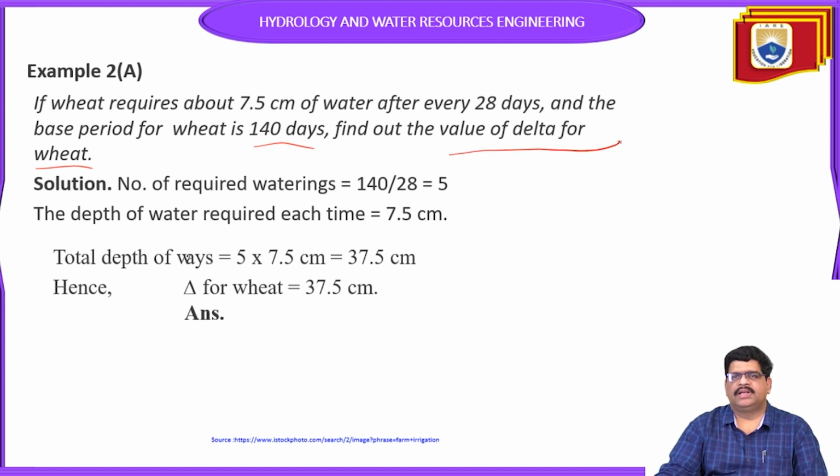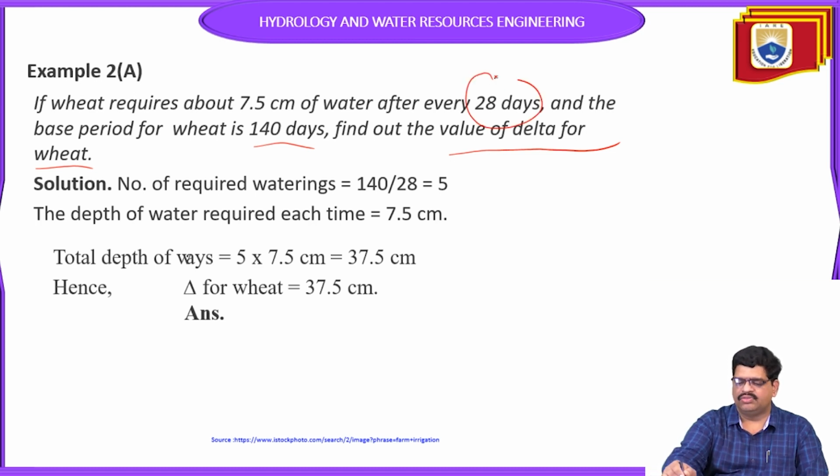I will keep it as 2a, which is related to the above problem. So first, the number of required waterings is equal to the total number of days, 140 days, divided by every 28 days that we apply water to the fields.